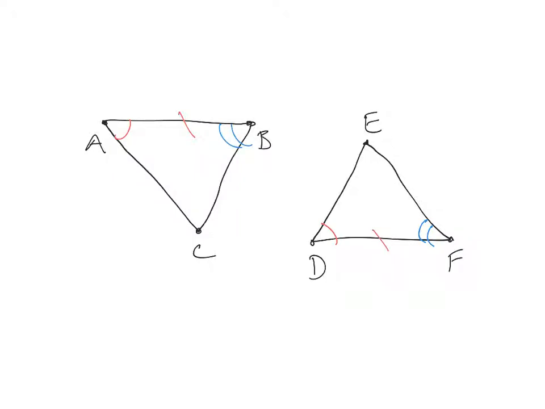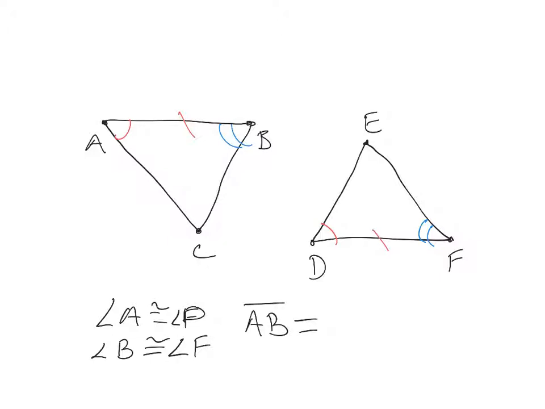So we can say these two triangles are equal because angle A is congruent to angle D, angle B is congruent to angle F, and side AB is congruent to side DF by angle, side, angle.